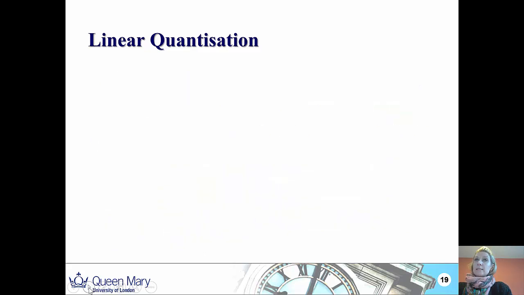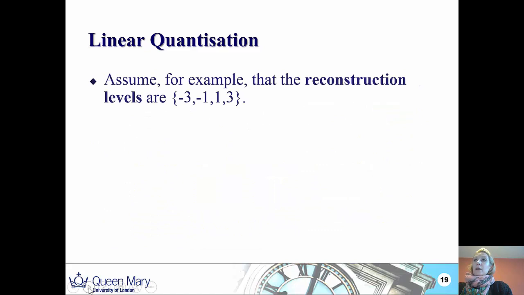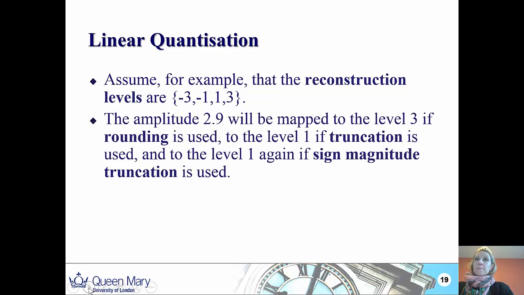To give some examples as to what these actually mean, assume that we have a scenario where we've got 4 reconstruction levels, to which our continuous signal will be assigned: -3, -1, 1 and 3. If we have an amplitude in our continuous signal that we wish to represent digitally, with an amplitude value of 2.9, this will be mapped to the level 3 if rounding is used, since that is the value closest to it.